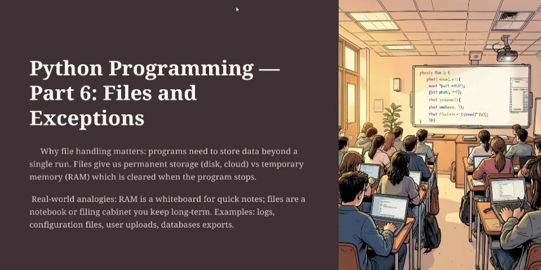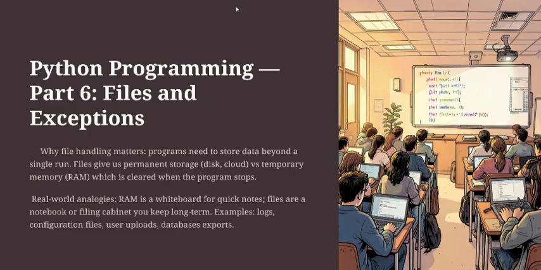A simple way to understand this is, RAM is like a whiteboard. You can quickly write information on a whiteboard while working, but when you erase it, the information is gone. A file is like a notebook or a document folder. You can write information, close it, keep it safely, and open it again later. In real world applications, files are used everywhere.